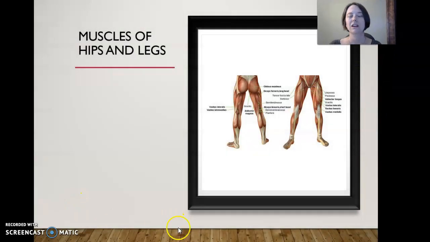This is Human Biology, Chapter 8, Part 7. We are talking about the muscular system, and we are going to be working on the muscles of the hips and the legs today.